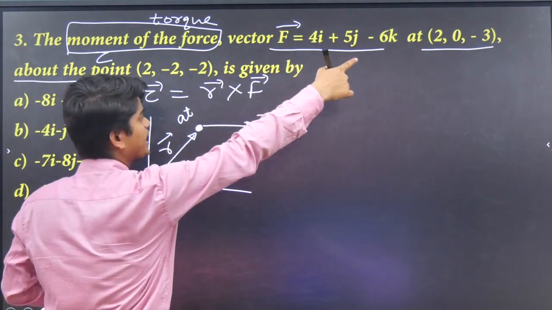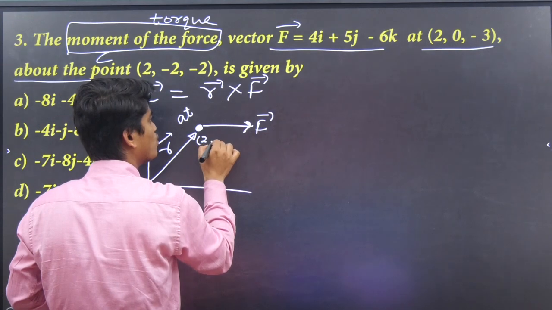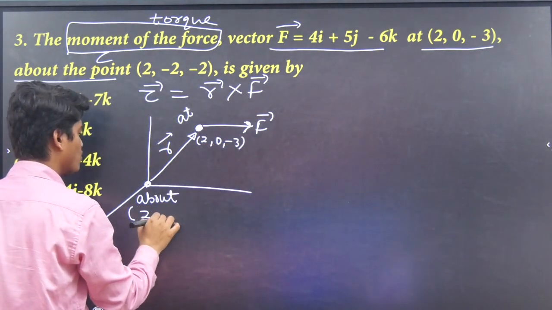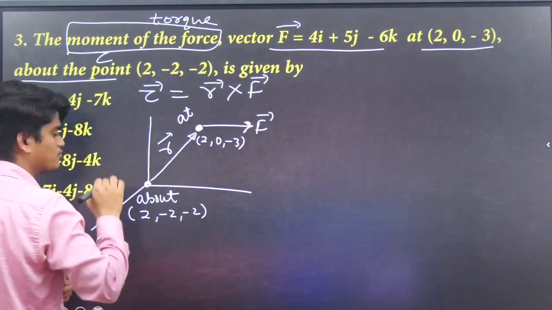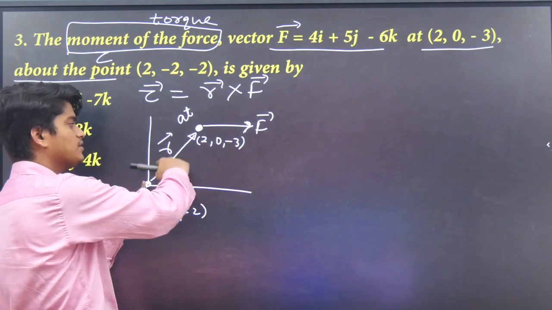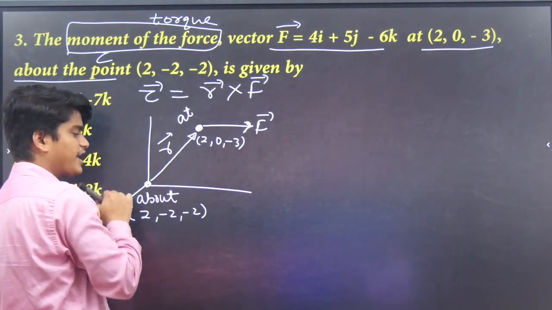So what is the at point? At point is 2, 0, minus 3. What is the about point? 2, minus 2, minus 2. Now if you want to find the R vector, you see this is a vector, so this is the head and this is the tail.